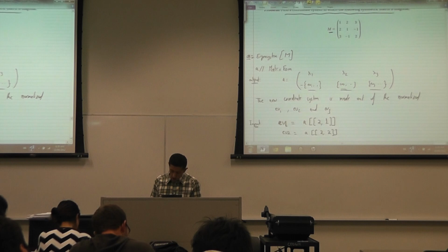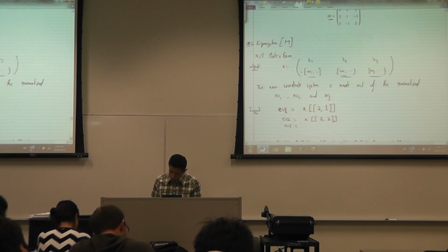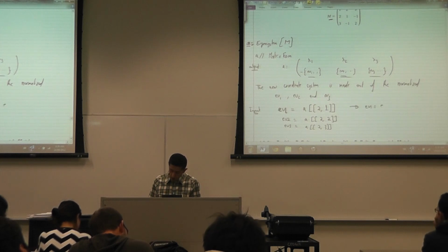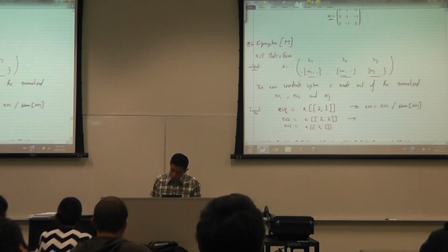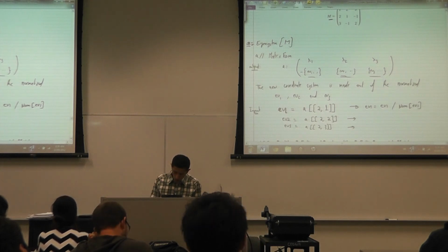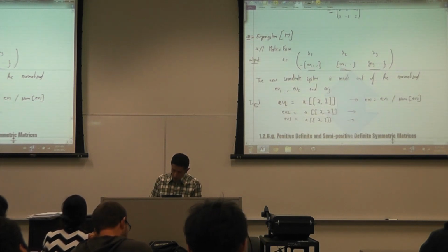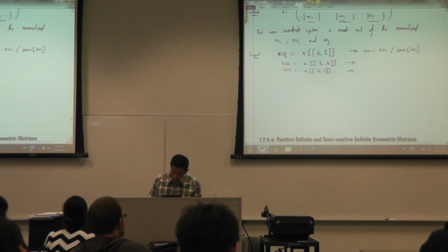Eigenvector 3 is the second row, the third entry. Then normalize them. Eigenvector 1 is equal to eigenvector 1 divided by norm of eigenvector 1, and so on, because they're not always normalized.